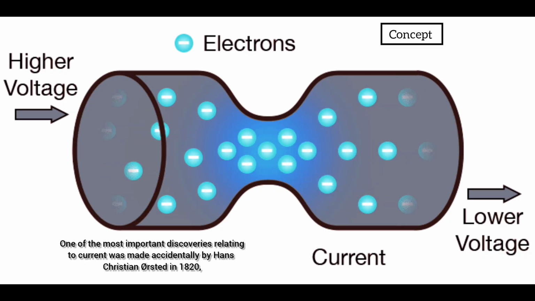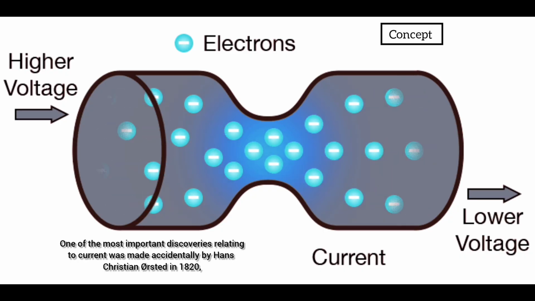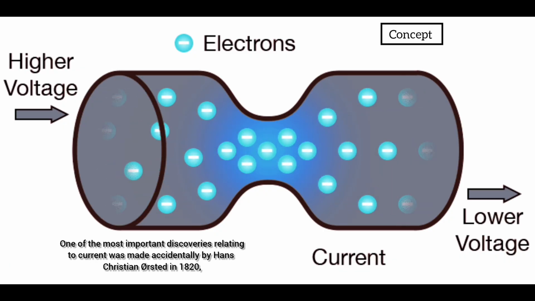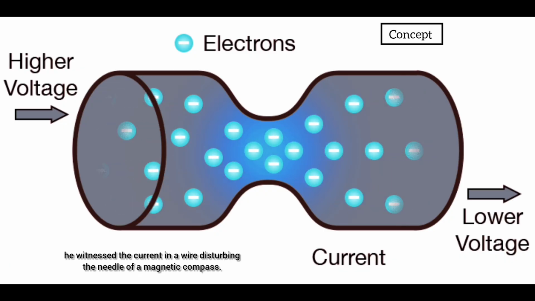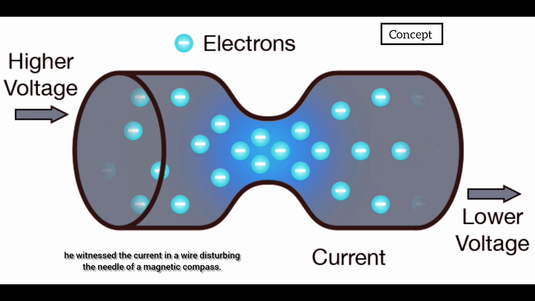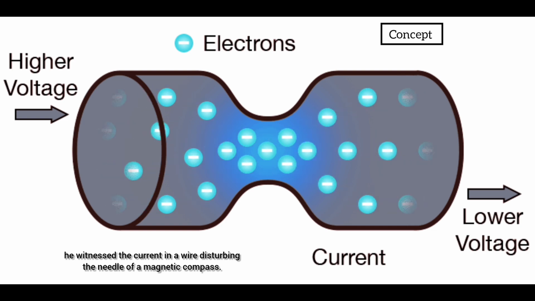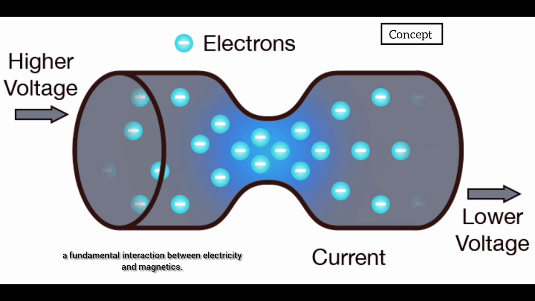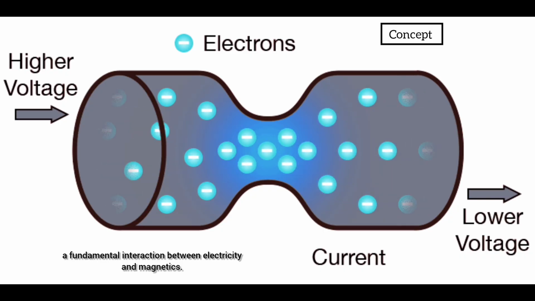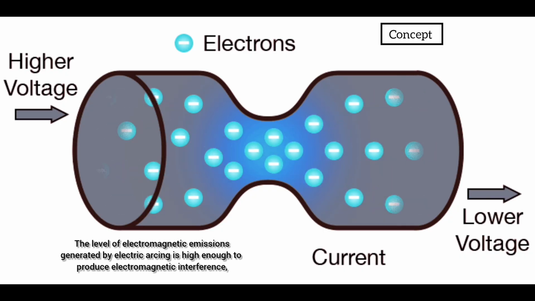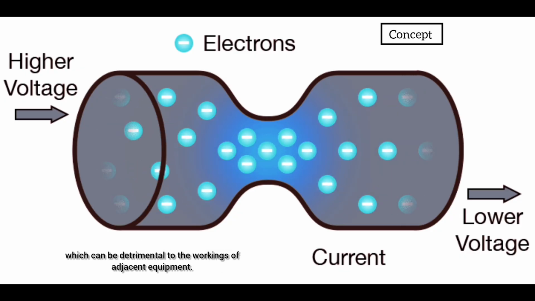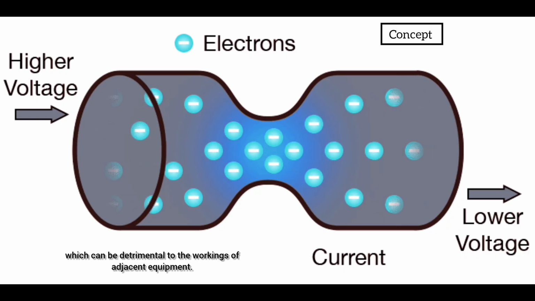One of the most important discoveries relating to current was made accidentally by Hans Christian Ørsted in 1820, when, while preparing a lecture, he witnessed the current in a wire disturbing the needle of a magnetic compass. He had discovered electromagnetism, a fundamental interaction between electricity and magnetism. The level of electromagnetic emissions generated by electric arcing is high enough to produce electromagnetic interference, which can be detrimental to the workings of adjacent equipment.